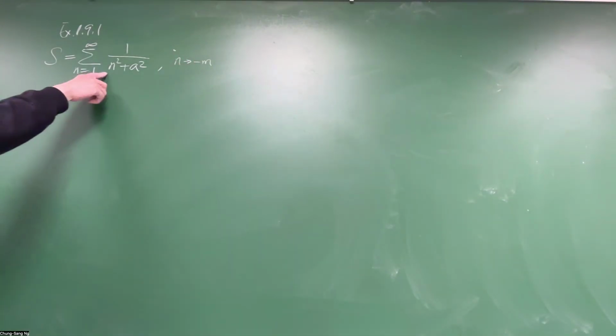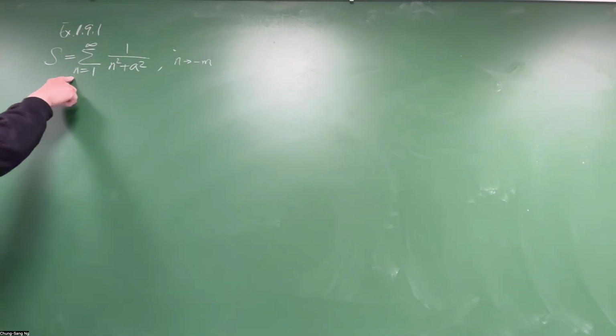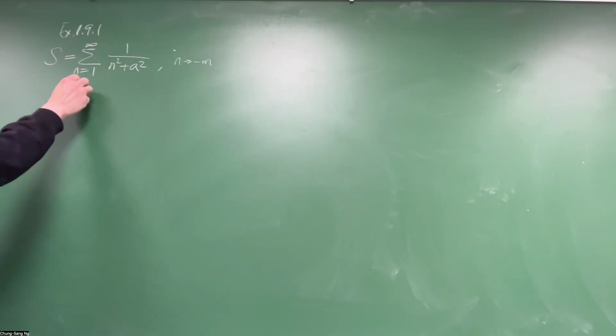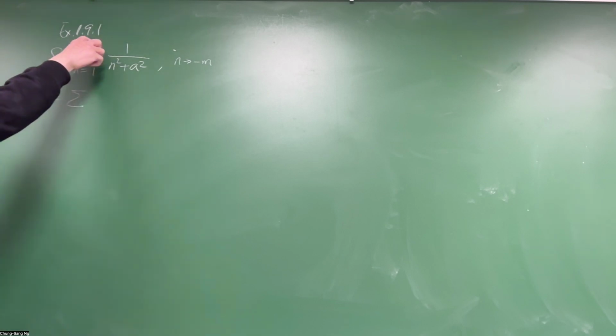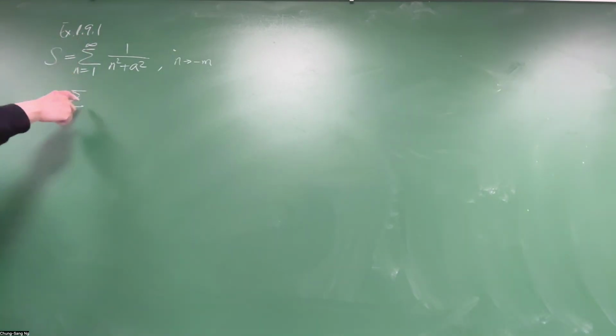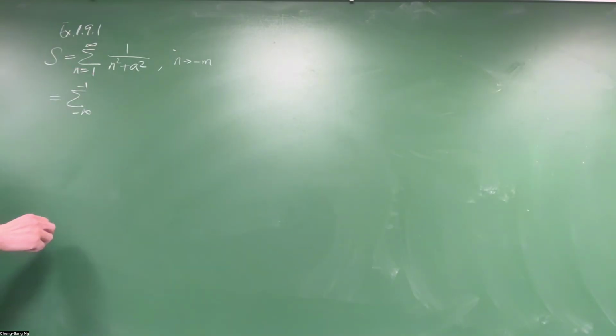And so this becomes m squared, and the m becomes minus 1 to minus infinity, right? So you can say that the same thing changes to from minus infinity to 1, because the sum from minus 1 to minus infinity is exactly the same as minus infinity to minus 1, right?